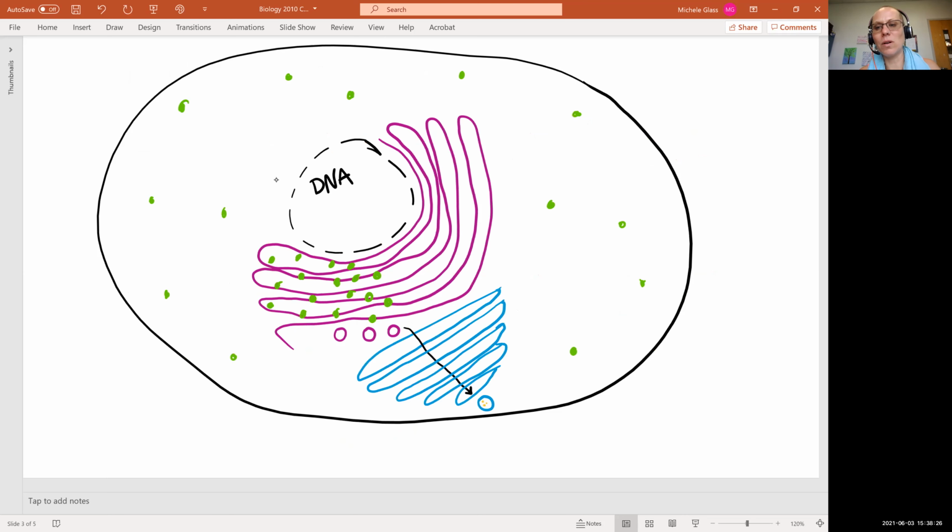So let's add to our earlier drawing. Let's draw some mitochondria. So mitochondria are sort of like jelly bean or kidney shaped. They have a double membrane, and then they have a lot of folding. And so you typically get something that's shaped kind of like this here.